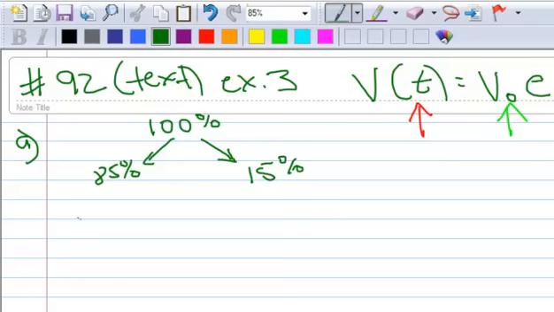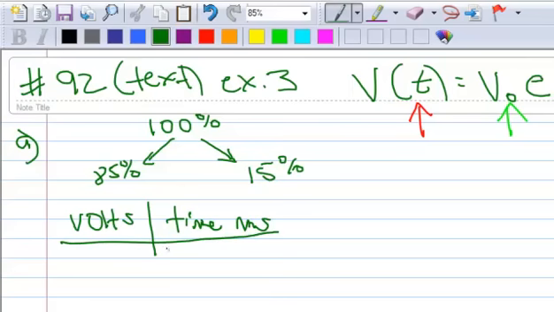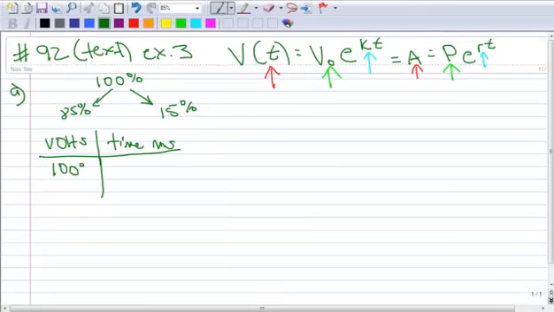So let's go ahead and make our chart. Volts and time, and time is in milliseconds. When I start out, I've got 100% of the voltage at time 0, and I can think of the 100% in decimal form as 1. Then I know that 5 milliseconds later, I've lost 85% of it.